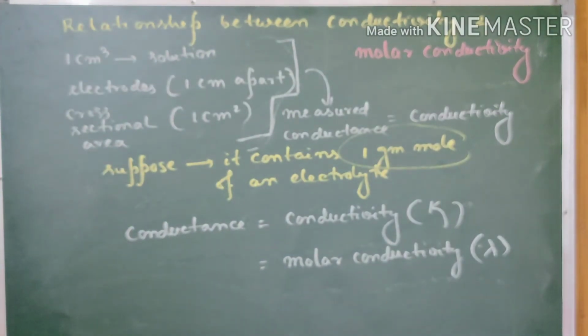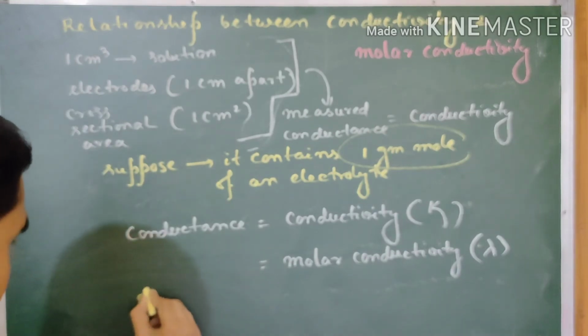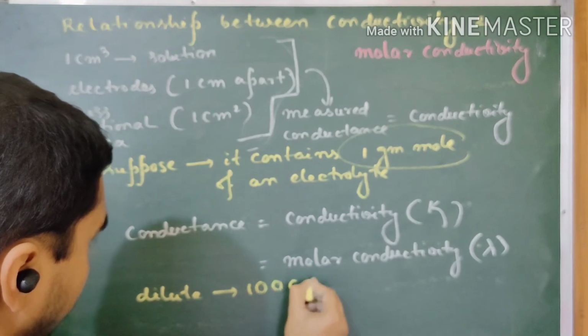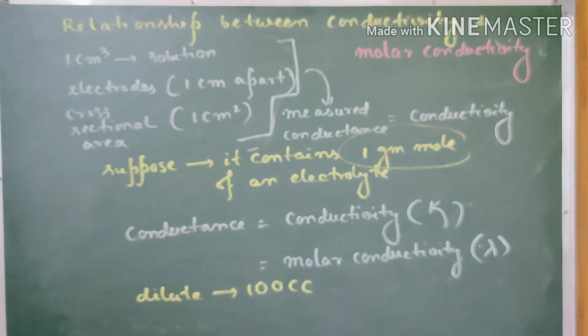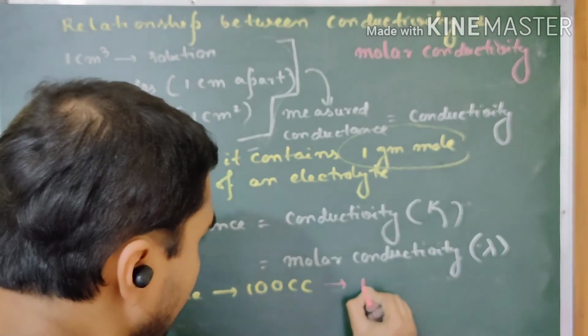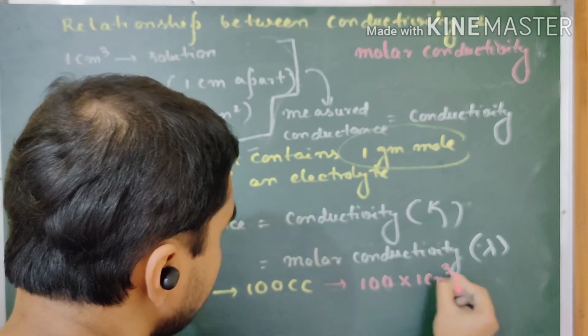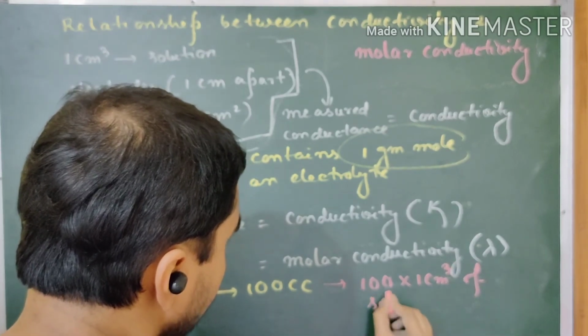Now, what we are going to do is, carefully see, we are diluting the solution to 100 cc. Now what happens? If we are diluting this solution to 100 cc, there are now 100 cubes of the solution, that is, 100 into 1 centimeter cube of solution.